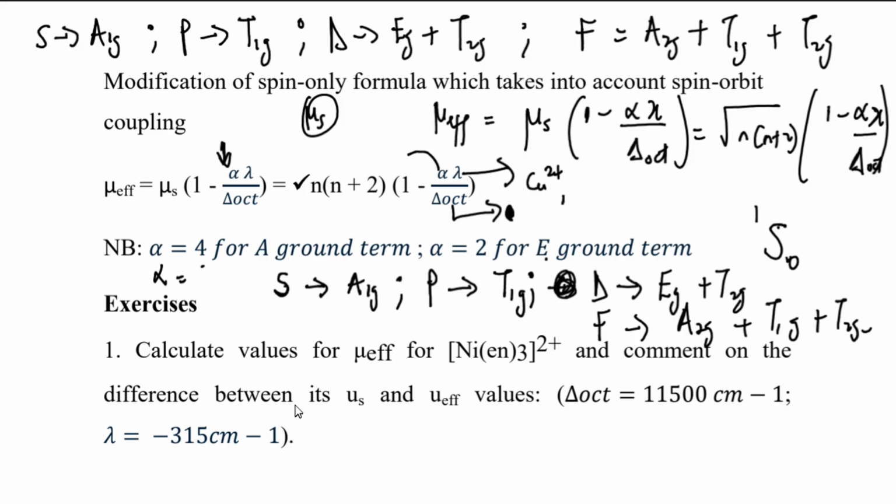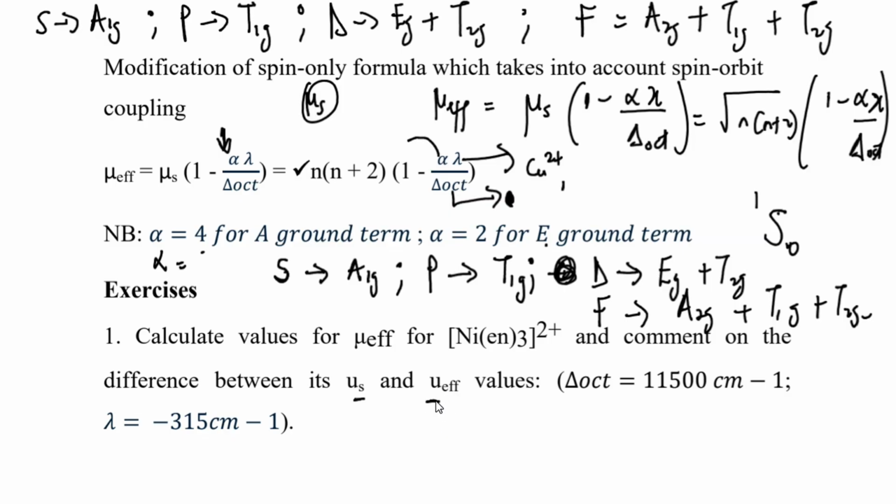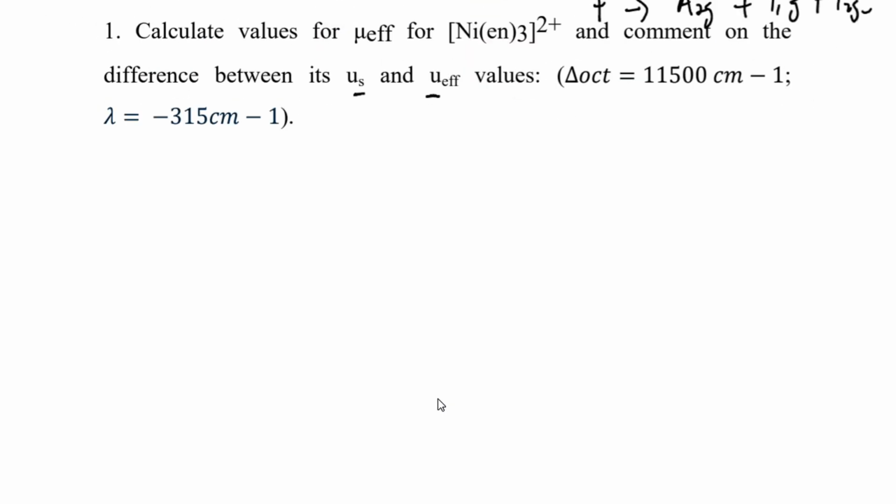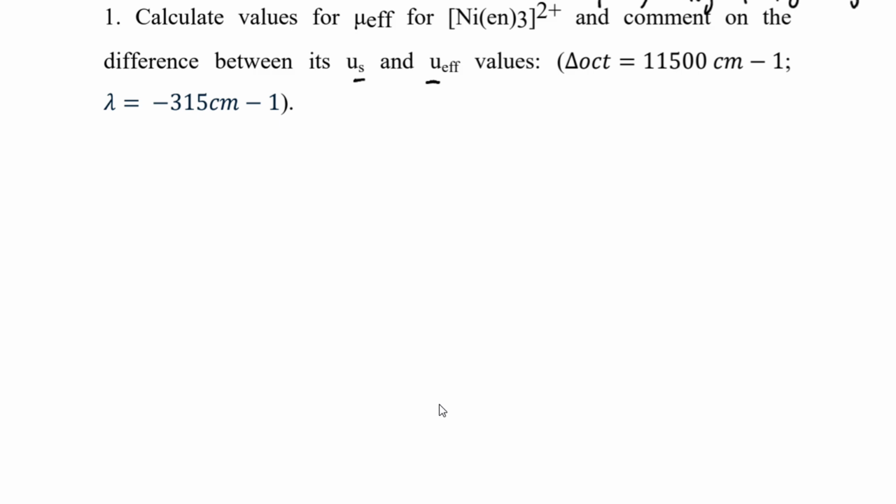So now let's look at this exercise. Calculate the value of effective magnetic moment for this complex and comment on the difference in its calculated and observed values. The first thing you need to do is to calculate the oxidation number of nickel in this complex.